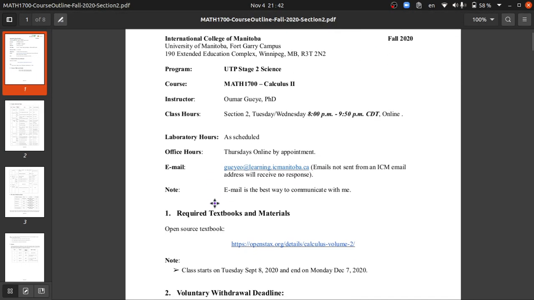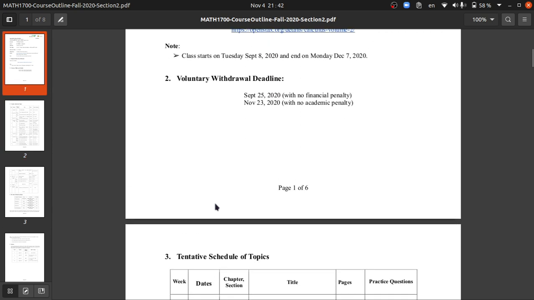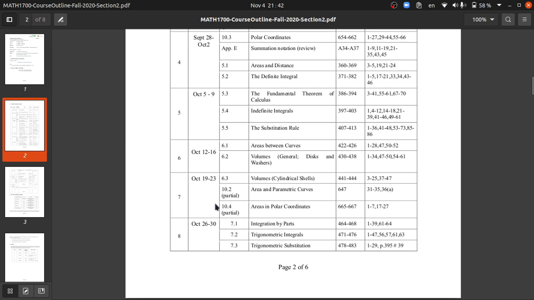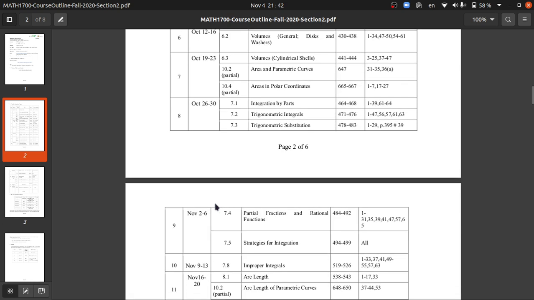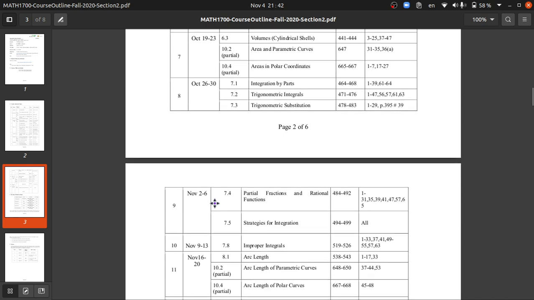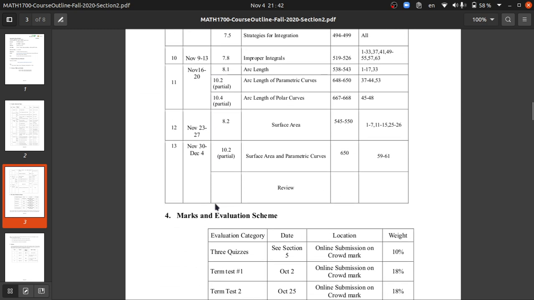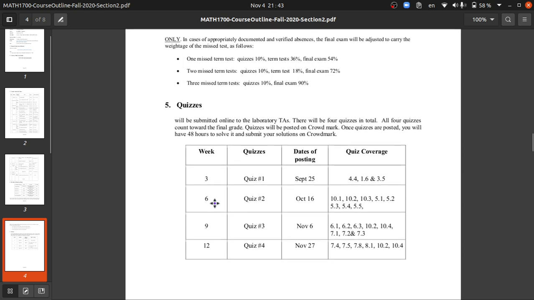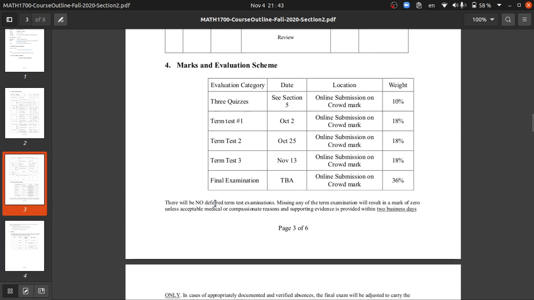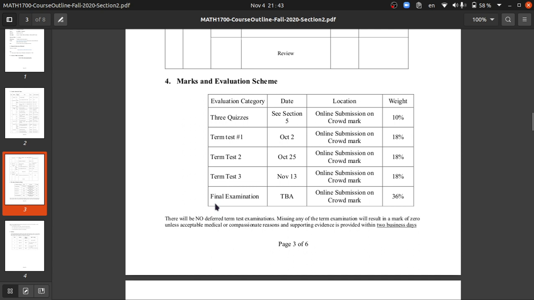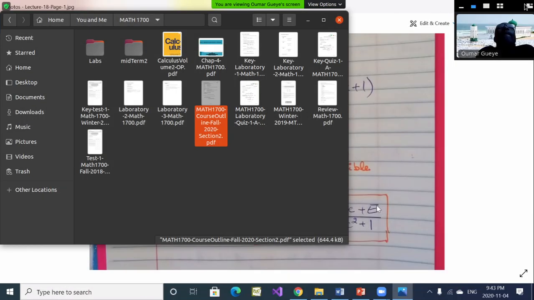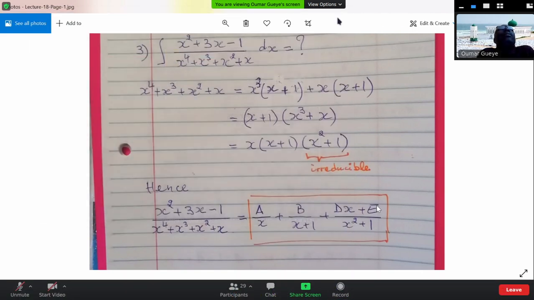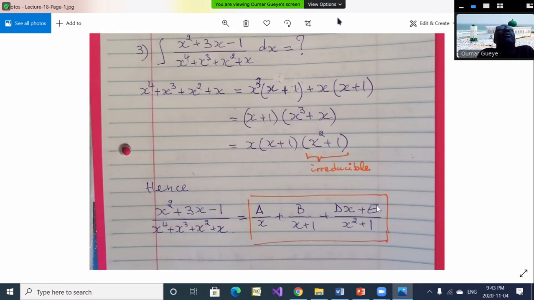Is it okay up to here? So you guys are done?